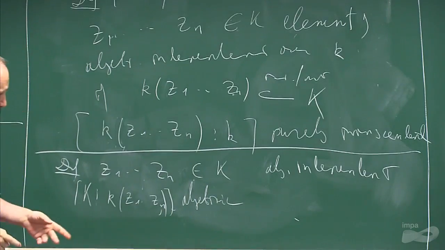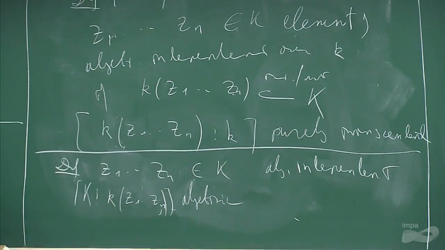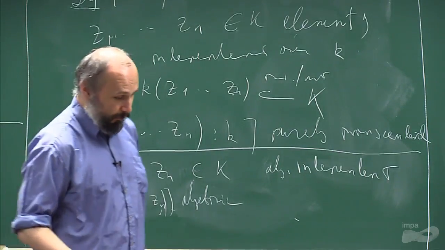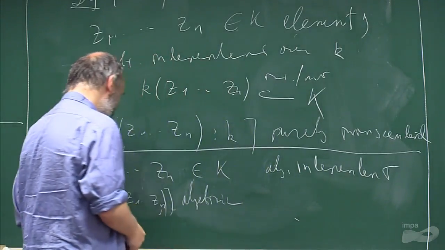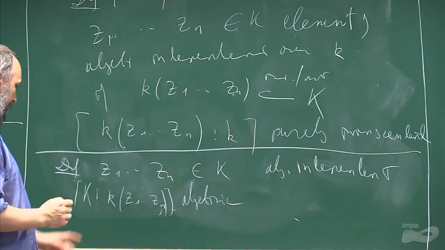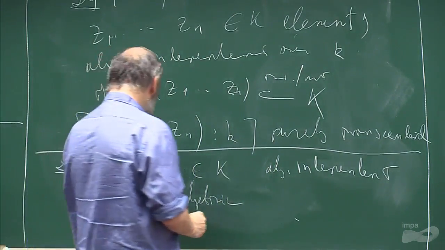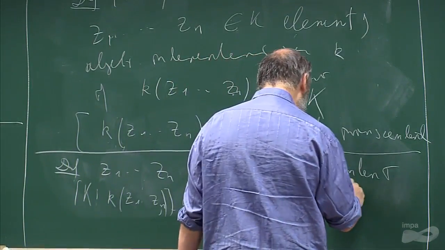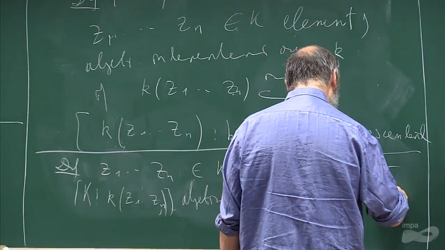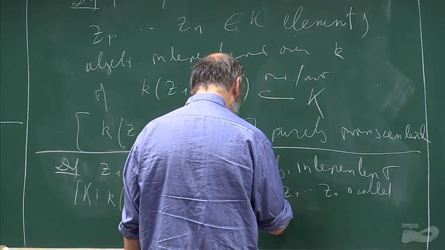I remind you that an algebraic extension is one in which all elements are algebraic. It's not really finite, because things like the algebraic closure of Q are algebraic, but all elements are algebraic. Okay, then z1 dot zn is called a transcendence basis.